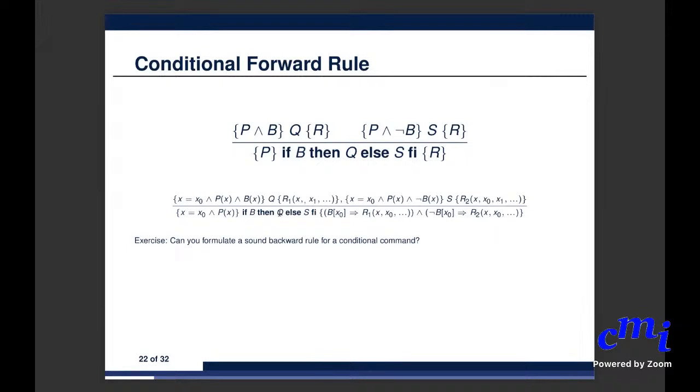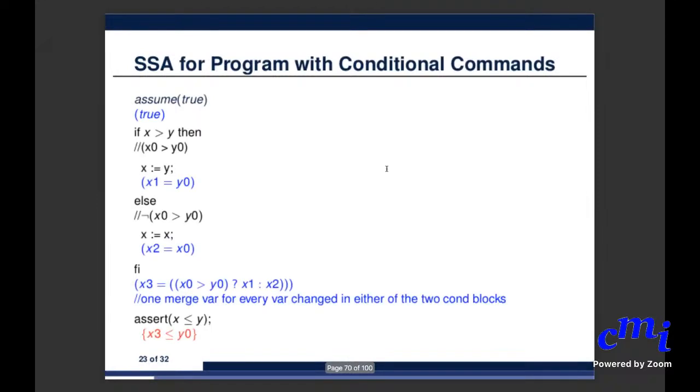Another way of stating this that makes the calculation easier is this way. If you know how to calculate the strongest postcondition for Q under the condition P and B, and the strongest postcondition for S under the precondition P and not B, then you'll be able to put together the strongest postcondition for this construct, if B then Q else S, which is what was used here.